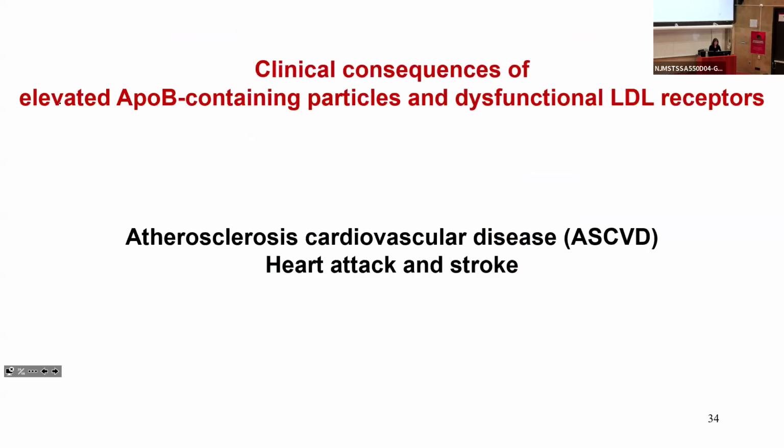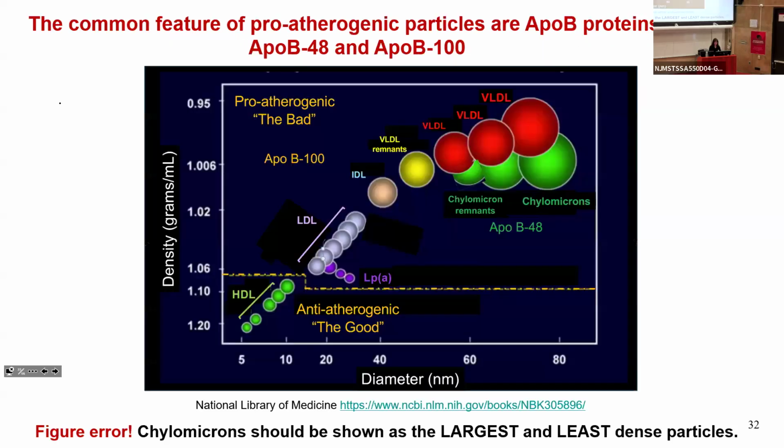And so, the clinical consequences of having this elevated ApoB, I should have pointed this out, is that all of these pro-atherogenic, what's considered bad, lipoprotein particles all have ApoB 100.